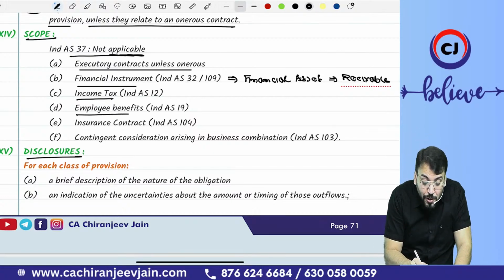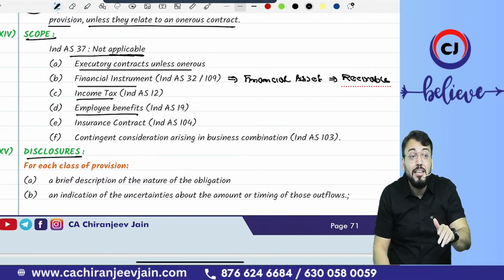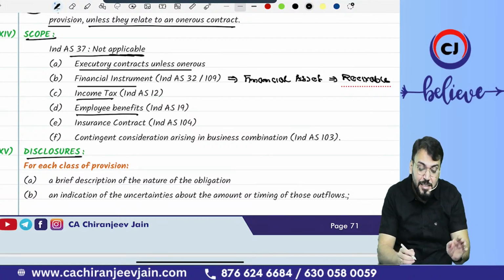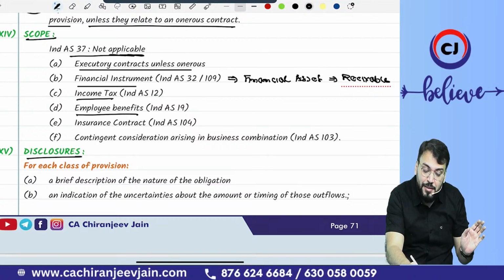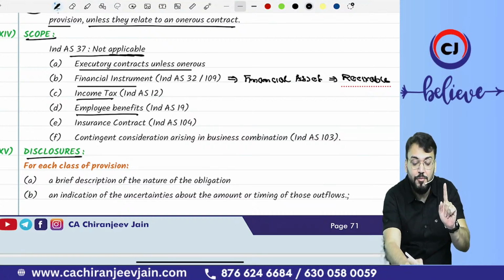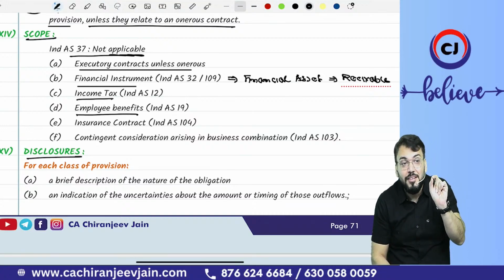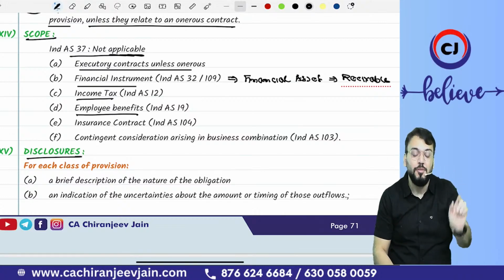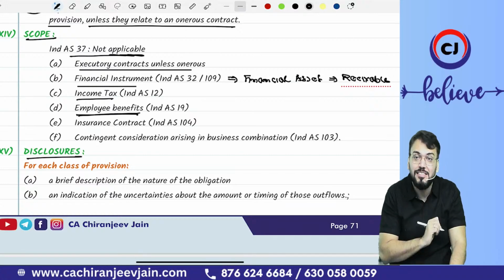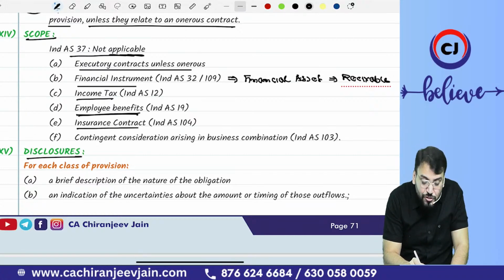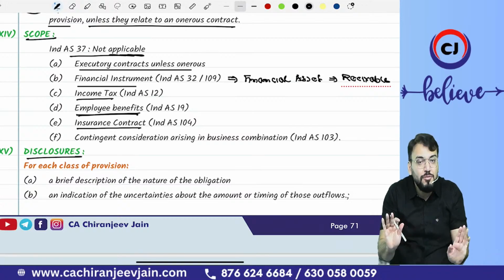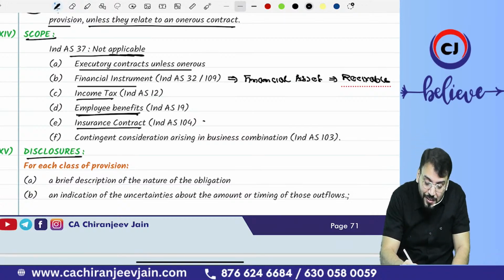It will not be covered for employee benefits. So any payment to employees, even though it is an estimated or expected payment, the provision is created as per Ind AS 19, because we have a specific Ind AS for that. So all provisions for employee benefits will be covered under Ind AS 19. Similarly, for insurance contracts, Ind AS 104 is there, but Ind AS 104 is not in our syllabus.